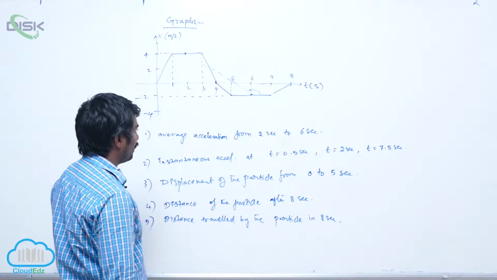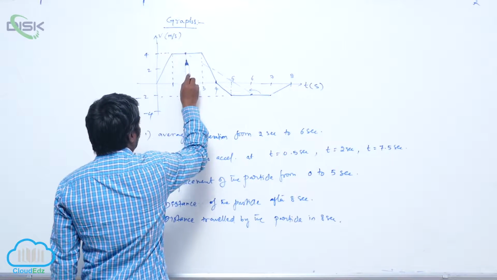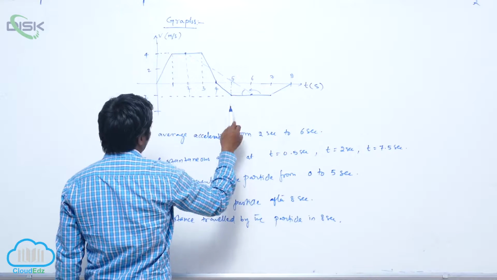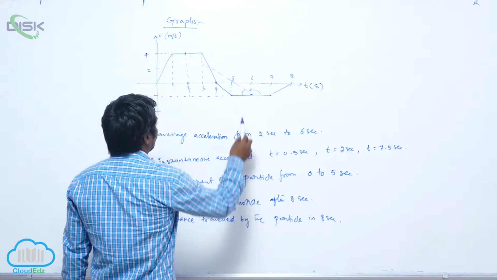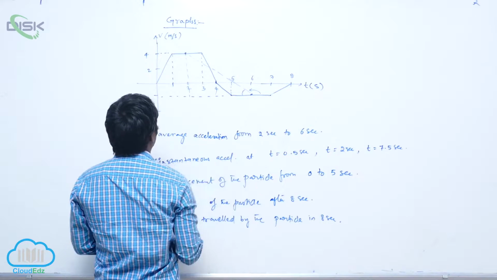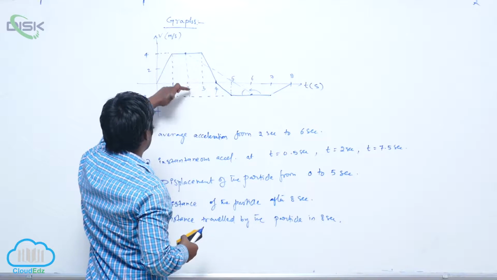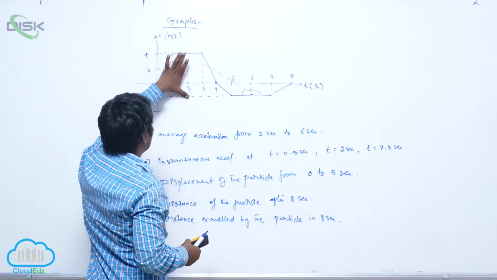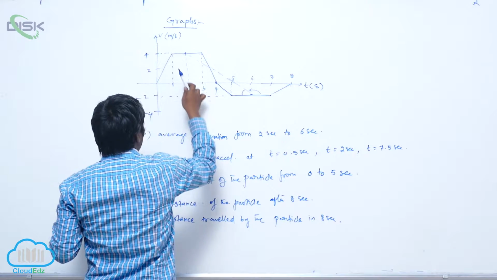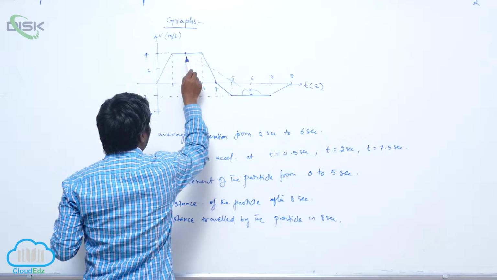Now we have to calculate that slope. So let me calculate this magnitude first so that I can assign sign. This tan theta equals opposite edge by adjacent edge. Opposite edge is, this is 4 units, this is 2 units, total is 6 units, that means 6 meters per second.